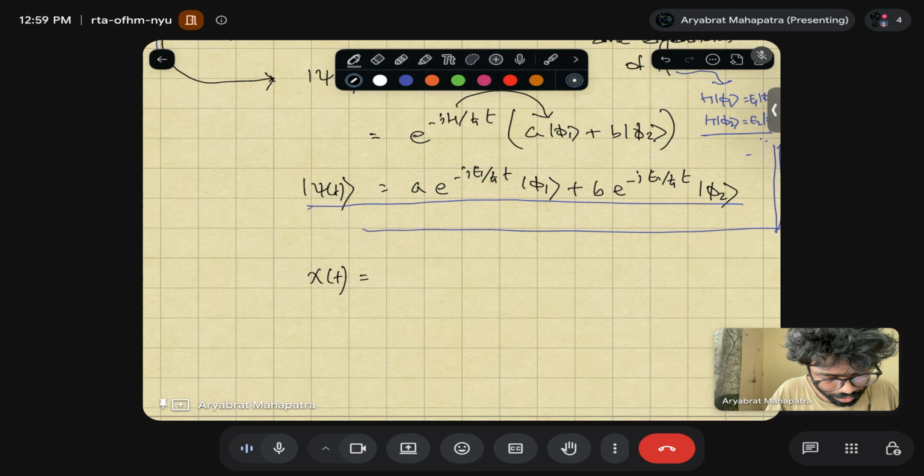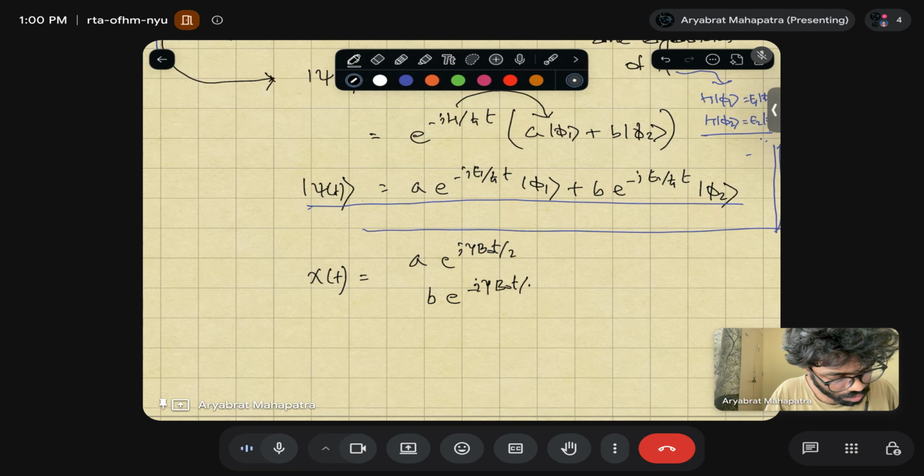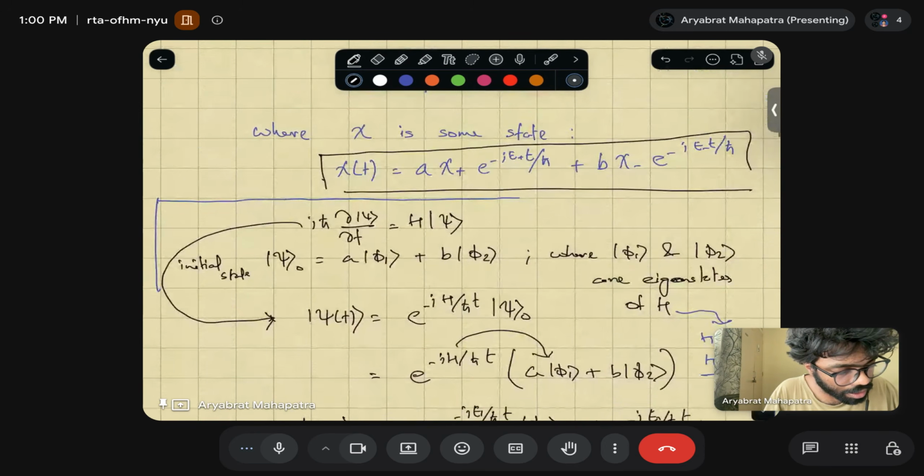So chi of t is a exponential i gamma B naught t over 2, and b exponential minus i gamma B naught t over 2. I am writing down exactly what is E plus and E minus.